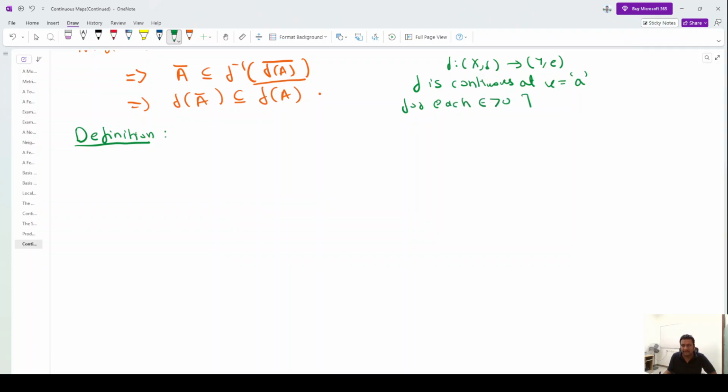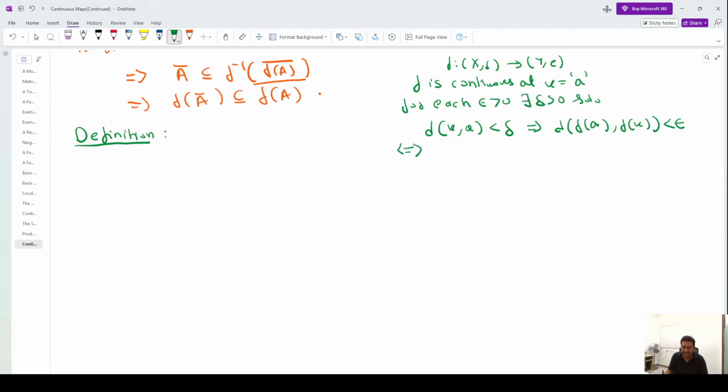For epsilon bigger than 0, there exists delta bigger than 0 such that whenever d(x, a) is less than delta, this implies e(f(x), f(a)) is less than epsilon.